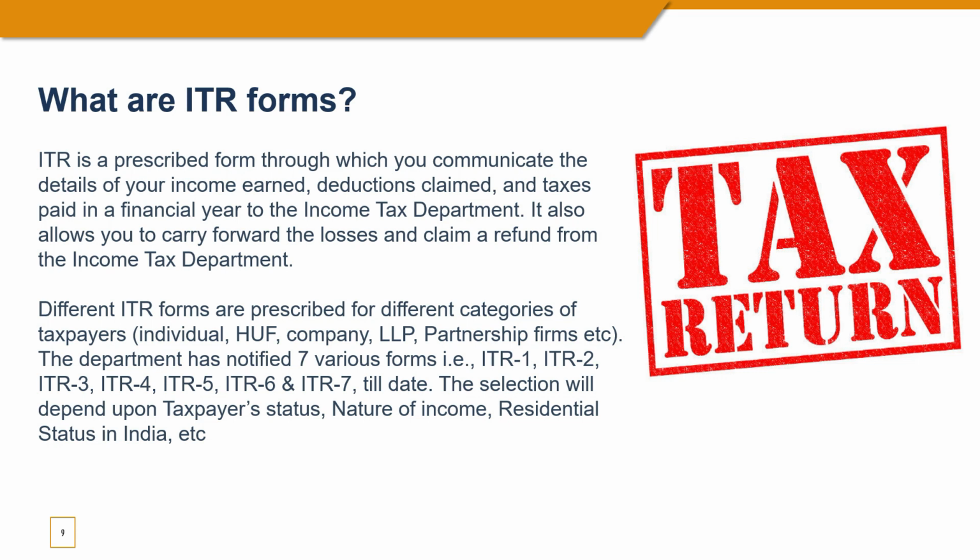Different ITR forms are prescribed for different categories of taxpayers: individual, HUF, company, LLP, partnership firms etc. The department has notified 7 various forms, i.e. ITR1, ITR2, ITR3, ITR4, ITR5, ITR6 and ITR7 till date. The selection will depend upon the taxpayer's status, nature of income, residential status in India, etc.